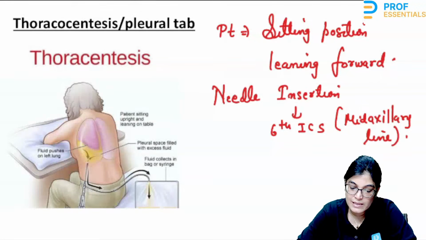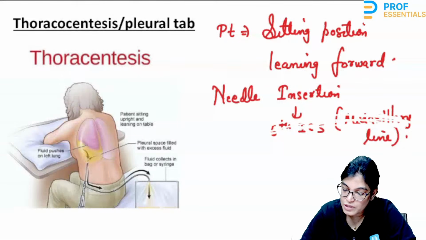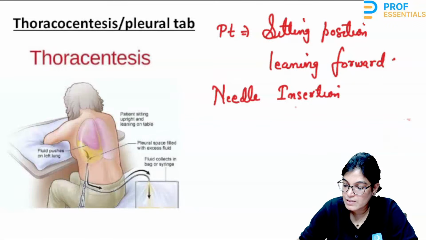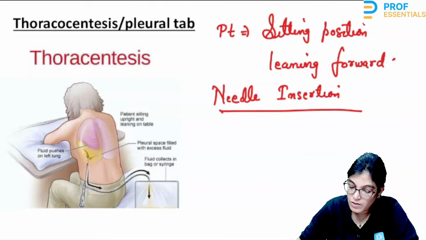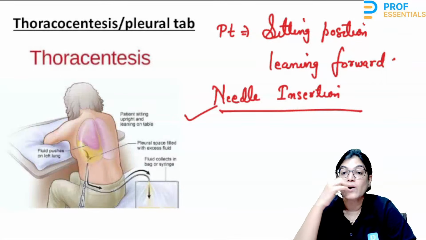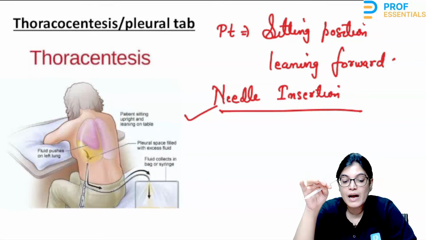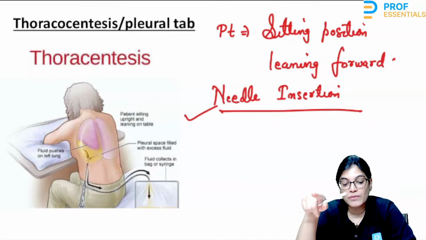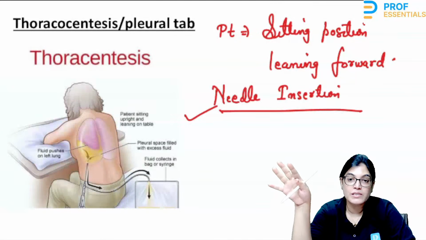The reason is we want to save the intercostal nerve. So the needle insertion should be done in a way that we are not causing injury to the intercostal nerve, and it should be done along the upper border of the rib to avoid injury to the intercostal nerves and the vessels.